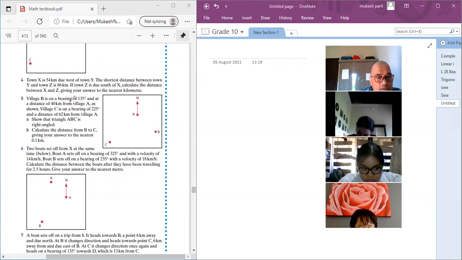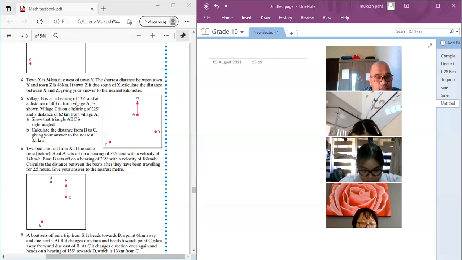Village B is on a bearing of 135 and at a distance of 40 km from village A. As shown, village C is on a bearing of 225 and a distance of 62 km from village A. So see, there is a point A, and from this point A, we have villages B and C. Bearings and distance are given there.